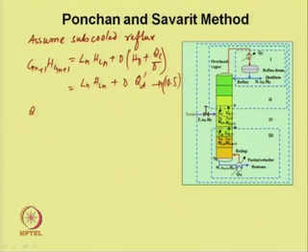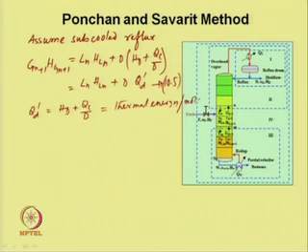Qd dash is equal to HD plus QC by D. This is the thermal energy removed from the top section per mole of distillate.